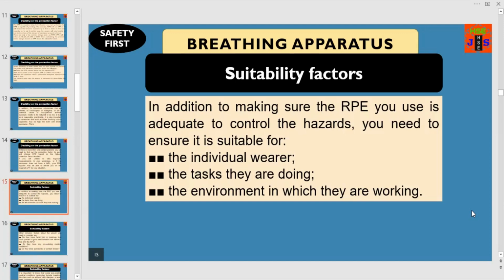Dear friends and fellows, you have to make sure the respiratory protective equipment you use is adequate to control the hazards. You need to ensure it is suitable for the individual wearer, the task they are doing, and the environment in which they are working.